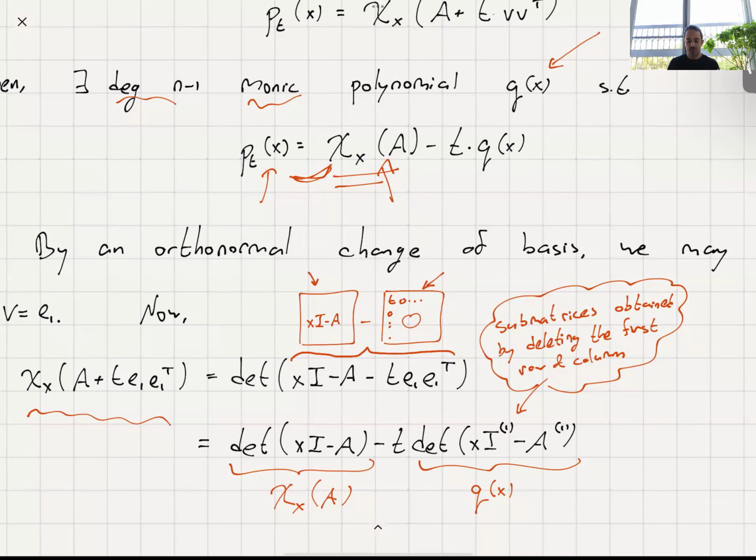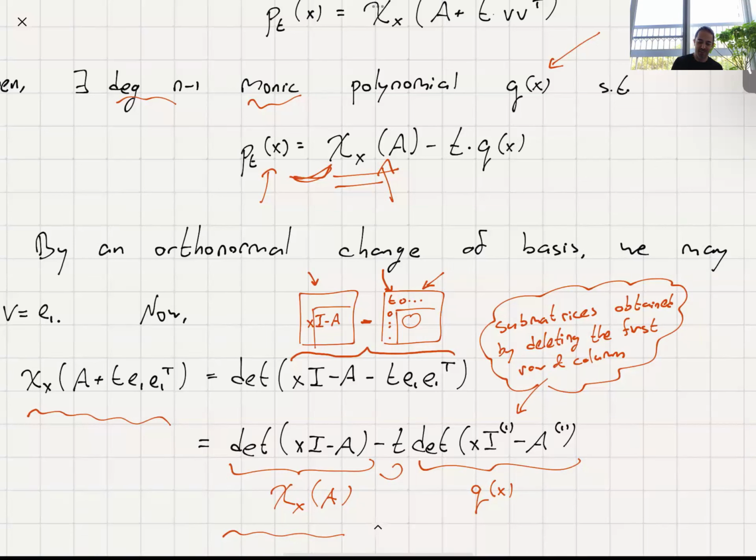And now, if you compute the determinant, say by expanding according to the first row, you'll see that you get exactly the determinant of xI minus A. But for the first entry, when you expand according to the first row, you have this t here with the minus, and that will also contribute the minor obtained by removing the first row and first column.